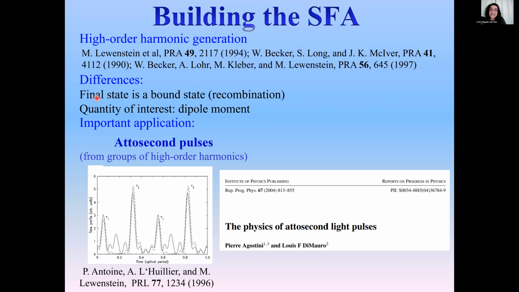Also, one thing that you could do is consider that the final state is a bound state. So instead of taking it all the way to a continuum state, use that time evolution operator that you have derived and consider that you have recombination, or compute the time-dependent dipole moment using the strong field approximation wave function, and you're going to get that high harmonic emission in which you shine near or mid infrared light, and you get harmonics up to the XUV range.